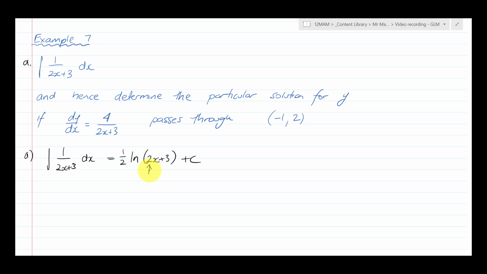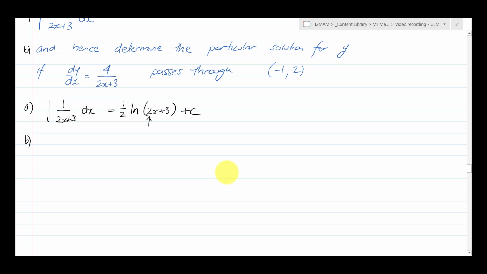And that's part A, but this is part B, taking the question further, maybe even into that complex familiar range. Determine the particular solution for y if dy/dx equals 4 over 2x plus 3 passes through negative 1, 2. So we've got dy/dx is equal to 4 over 2x plus 3. And so therefore y is equal to the integral of 4 over 2x plus 3 dx.